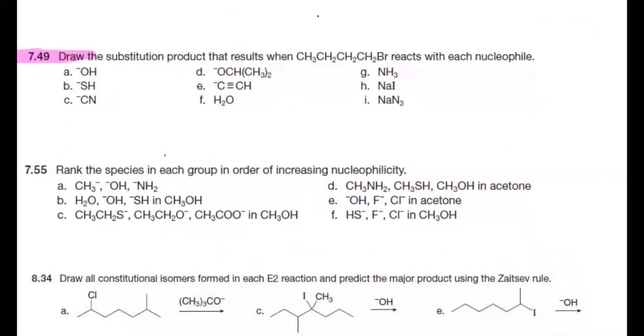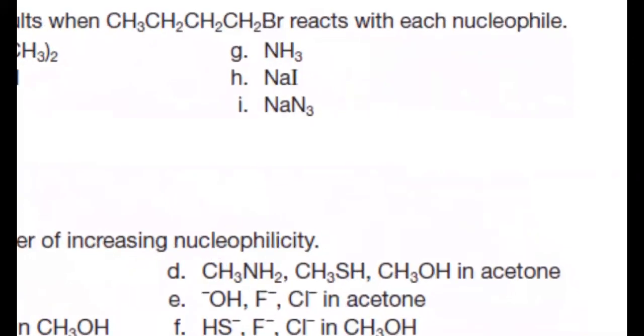So it gives you the nucleophiles. For NaN3, the N3 is what you call an azide, and it's a negatively charged nucleophile. Anytime you see sodium, whatever that sodium is with, it's going to be negative.